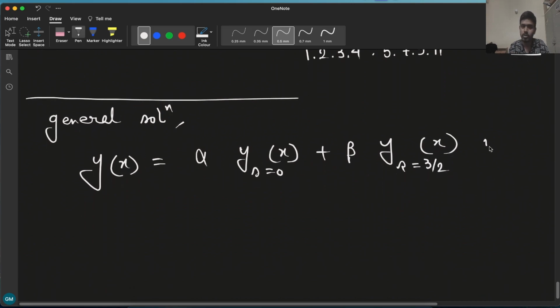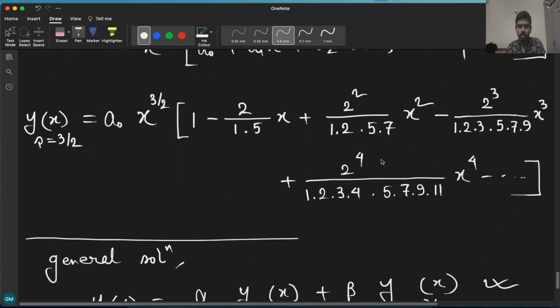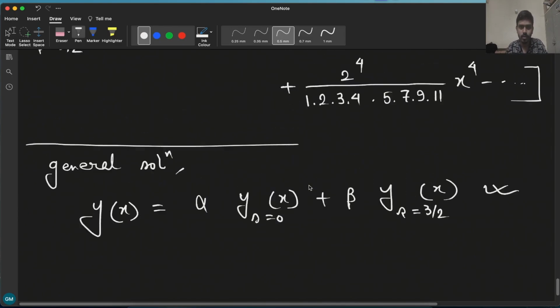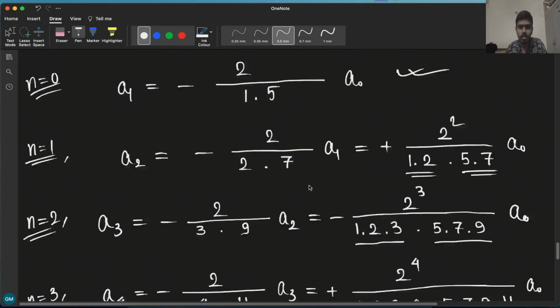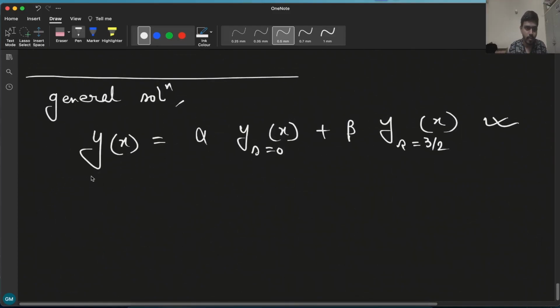This is the general solution, and you can just write the series, already it is written here, you can just write it if you want to formalize it, okay. So here these two are power series at x equals to 0, okay.